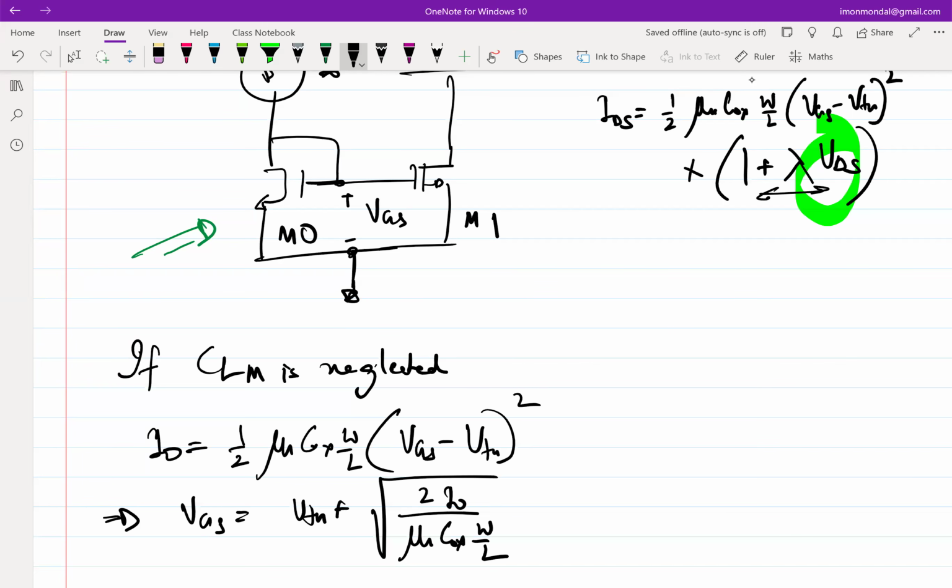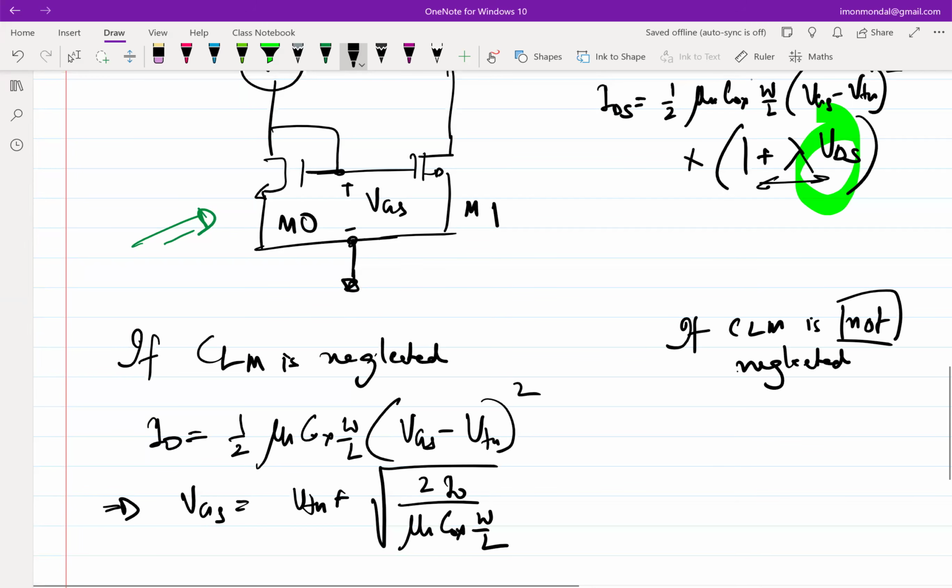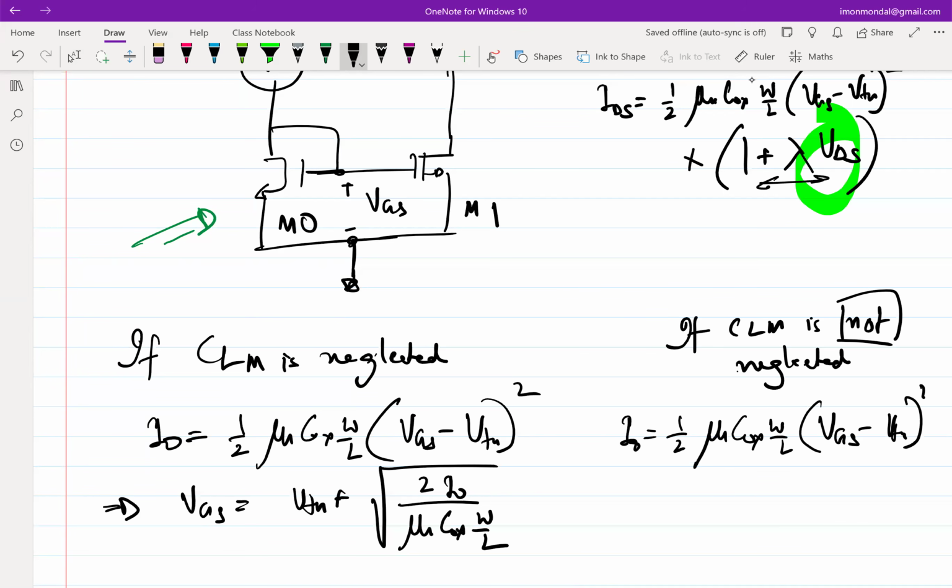But if we do not neglect CLM, what is the new equation? Times 1 plus lambda what?